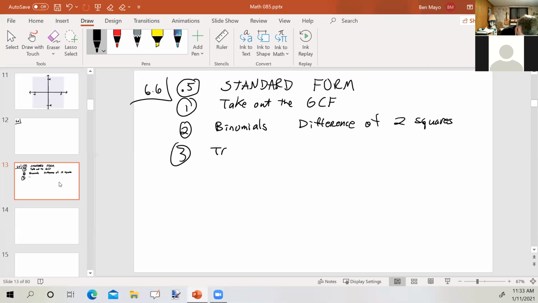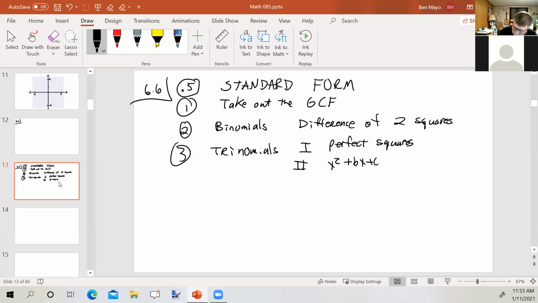Step 3 is trinomials, and we're going to have a Roman numeral 1, which is perfect squares. Roman numeral 2, which is x squared plus bx plus c.